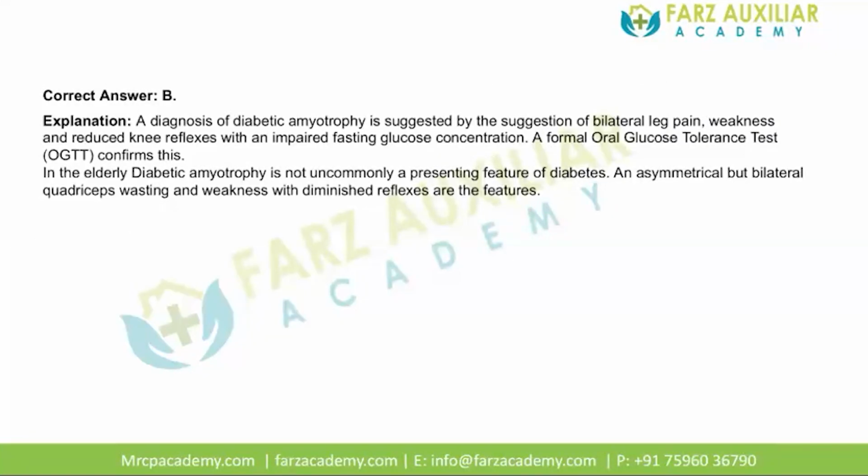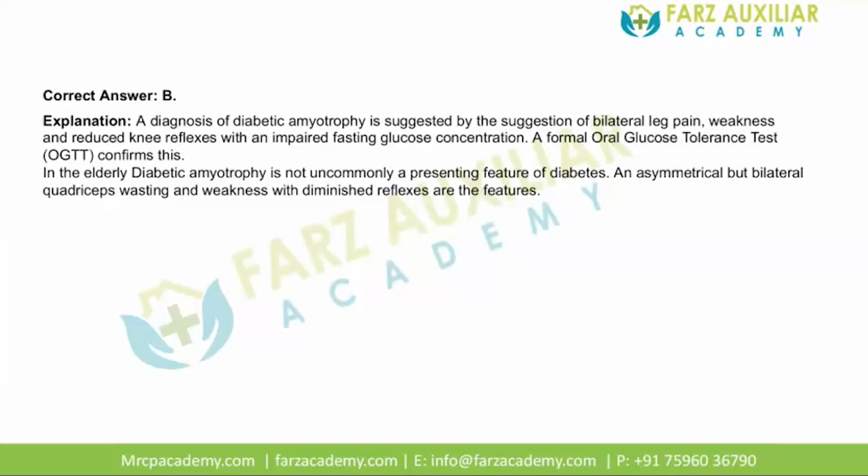So what you see in this patient is a case of bilateral lower limb pain associated with weakness, and the question gives you a clue that the fasting blood glucose level is slightly high. The cutoff that they have given is 100 and the patient has a value of 116. So this is one of the complications of diabetes which the patient may have developed but did not realize, and this is what is called diabetic amyotrophy.